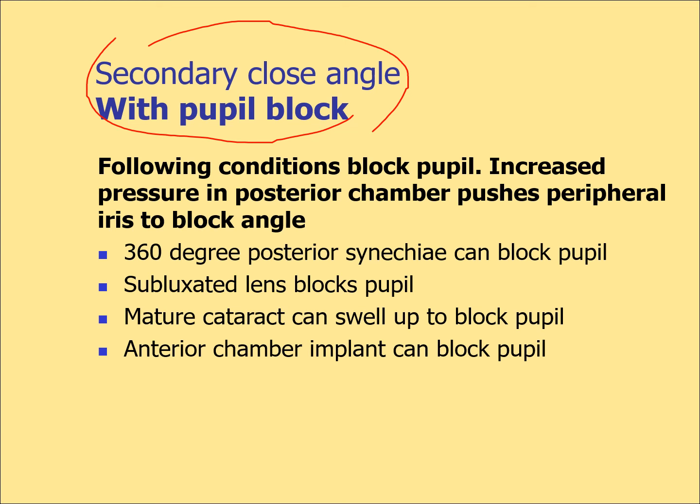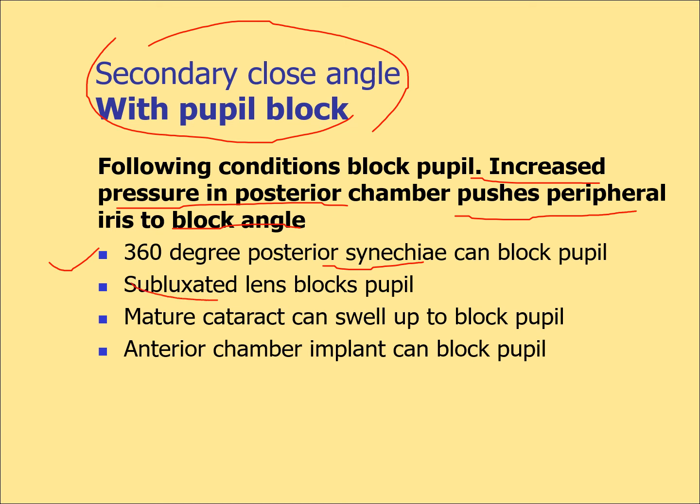The mechanism is increased pressure in the posterior chamber pushes the peripheral iris forward and blocks the angle. It can happen in the following conditions: when there is 360-degree blockage, like the pupil gets stuck to the lens, which is called synechiae. So when there is 360-degree synechiae, the aqueous cannot flow into the anterior chamber and the pupil is blocked, so the angle closure can develop.